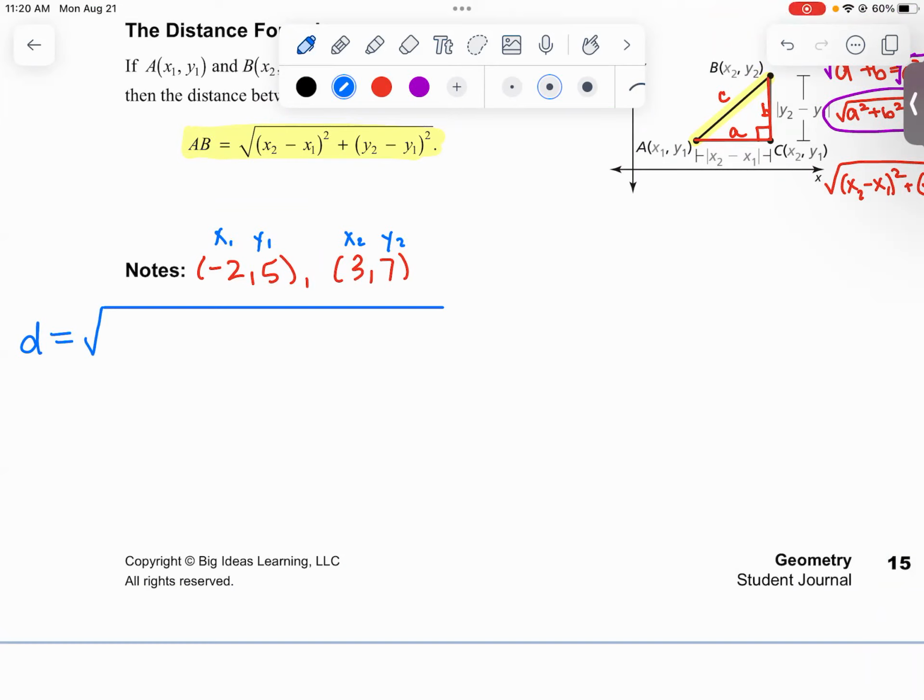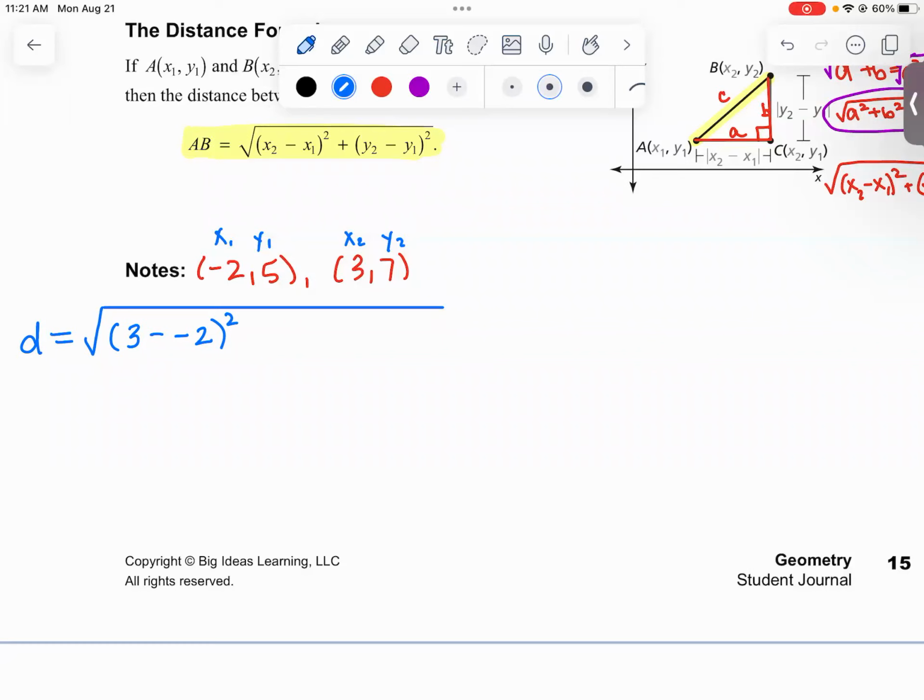And in our formula, we need to take x2 minus x1 squared, okay? And I'll tell you right now, it does not matter which one you identify as x1 and which one you identify as x2. You're gonna get the same answer no matter what, okay? But in this case, we wrote 3 as x2 minus -2 for x1.